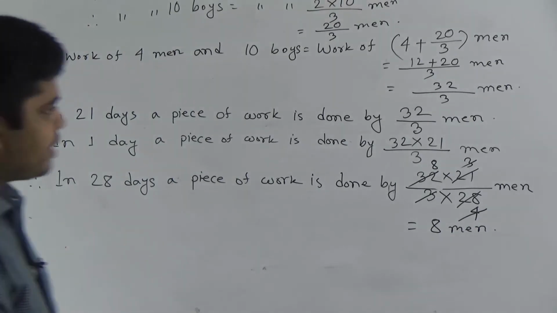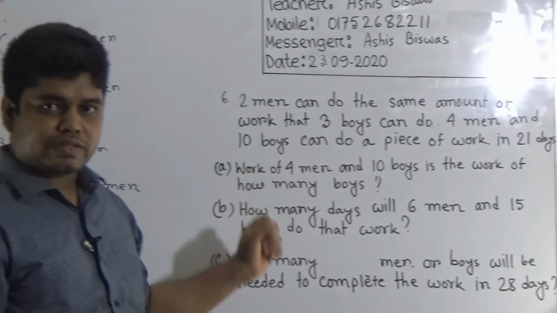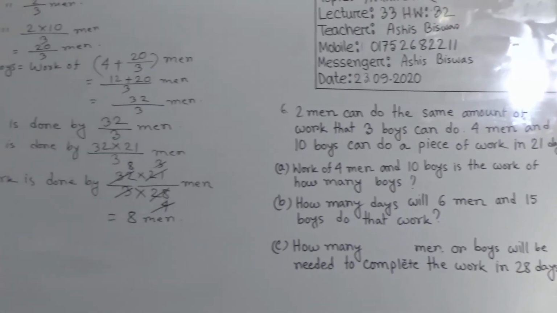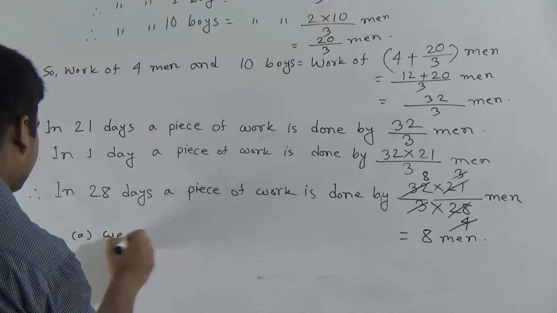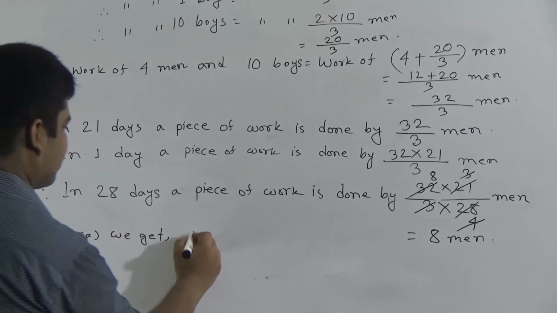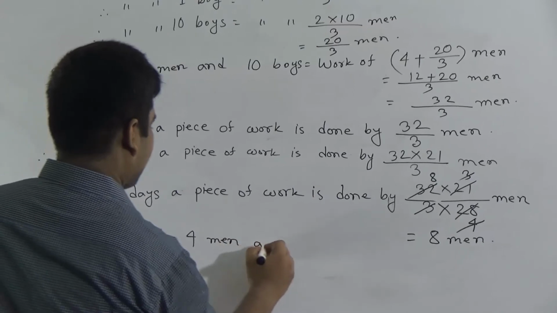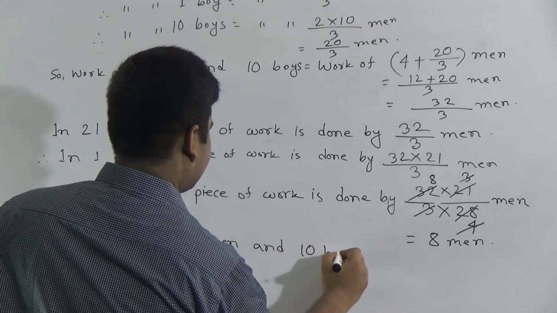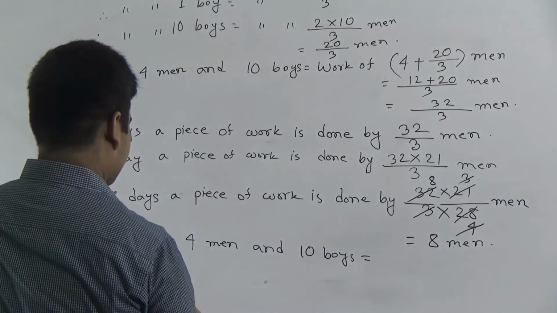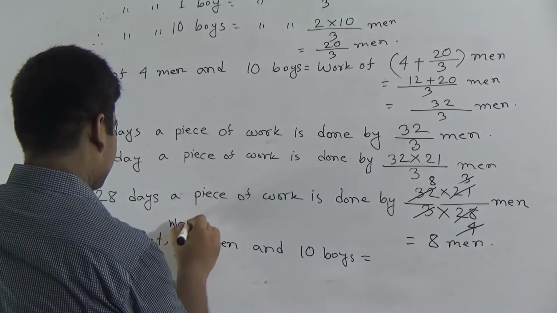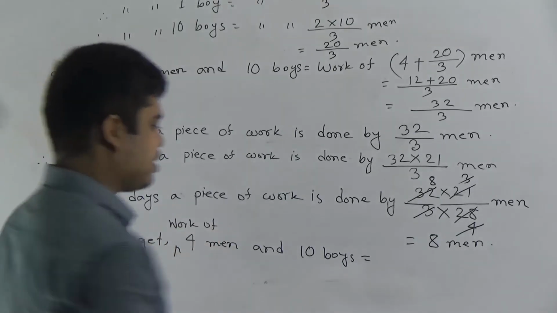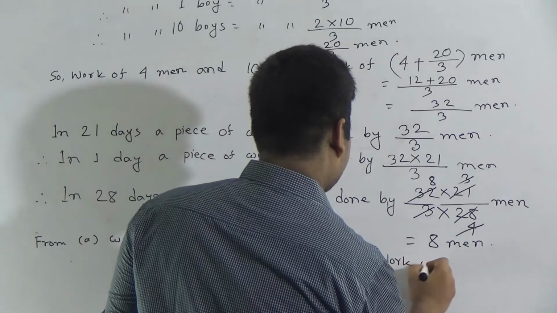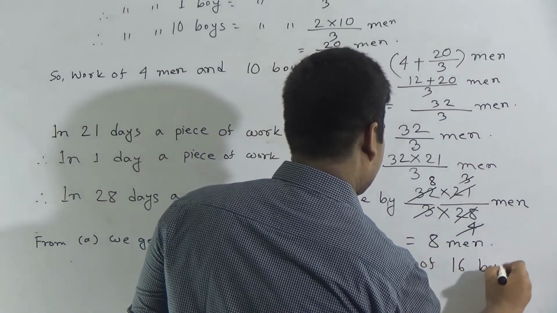From A, we notice 4 men and 10 boys equal to 16 boys. Now write this. From A, we get 4 men and 10 boys equal to, you write here, work of 4 men and 10 boys equal to work of 16 boys.